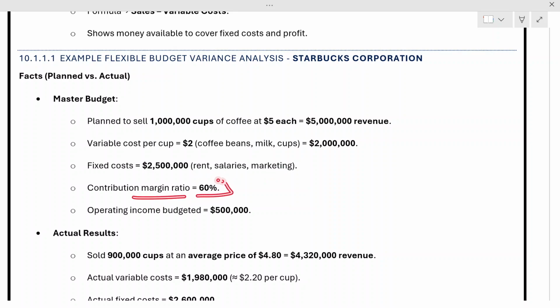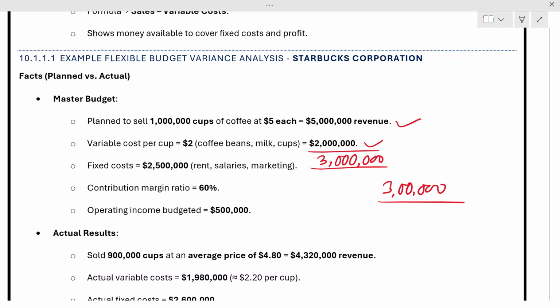This gives us the contribution ratio of 60%. So, this contribution is simply the sale value here minus the variable cost, that gives us $3,000,000, and when we divide this $3,000,000 with $5,000,000, then we get 60% of contribution margin.